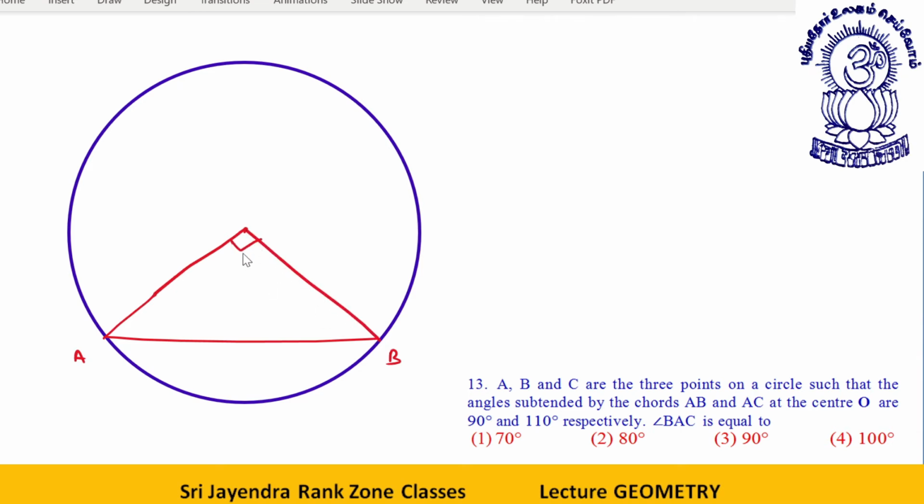Angle subtended by this is 90 degrees. Then AB and AC. Let's say I take a point D over here. This is point C. This subtends the angle of how many degrees? 110 degrees. You have to determine angle BAC. You have to determine what will be this angle.